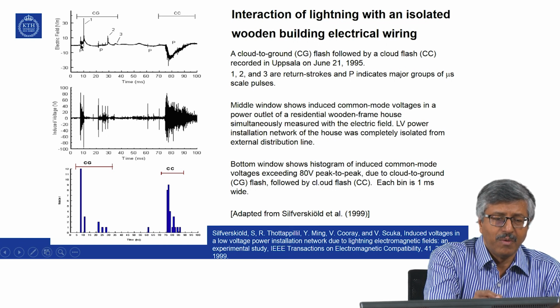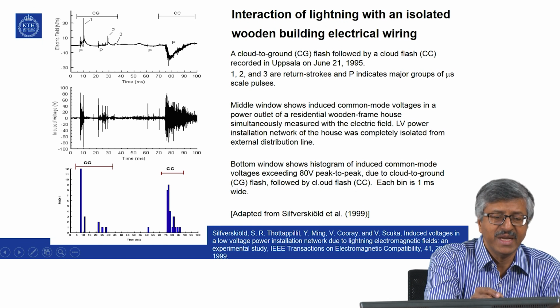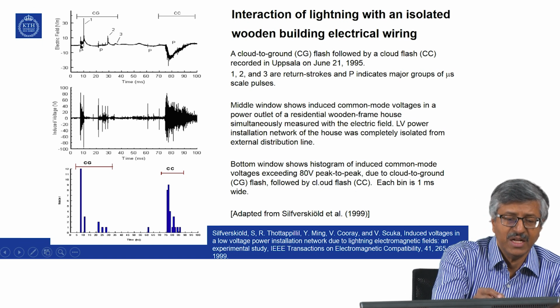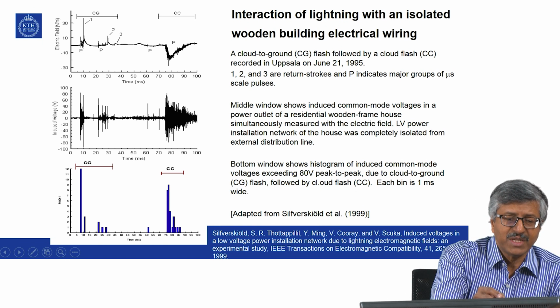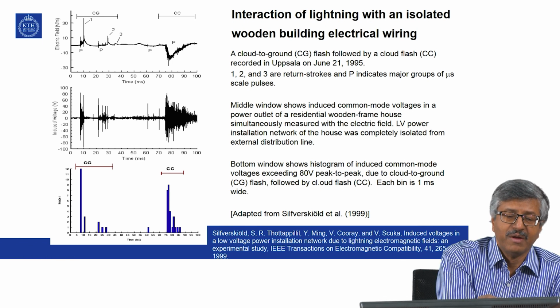So, what is mentioned as P here are very narrow pulses that happens in the cloud. It is not happening in the ground or in the channel to the ground. So, the leader is not yet initiated here. So, these are just breakdown process within the cloud, that is maybe several tens of kilometer away from the building.